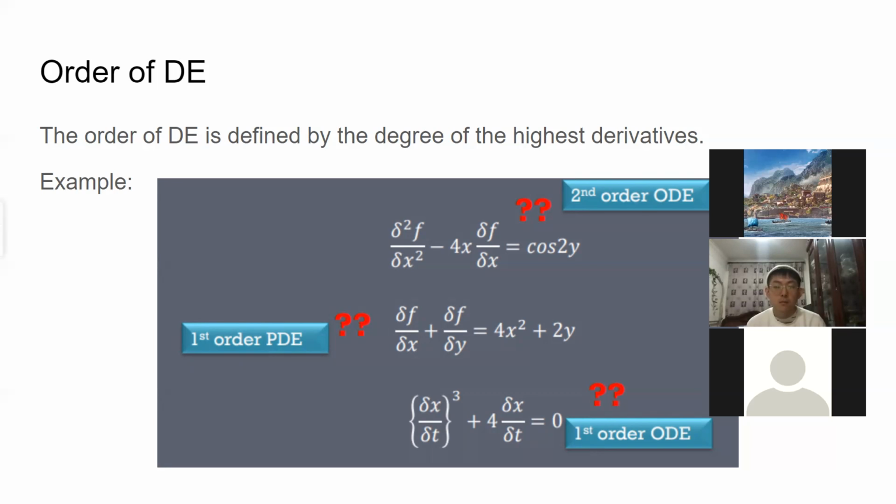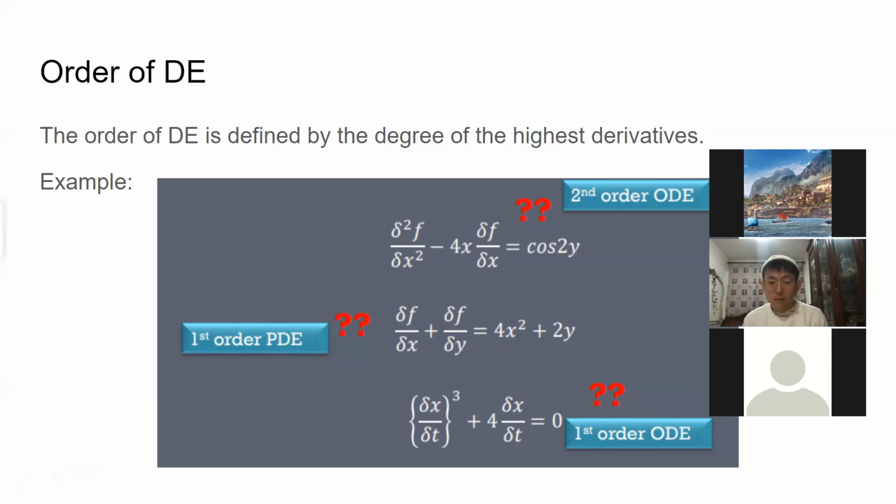For the second one, df over dx plus df over dy equal to 4x squared plus 2y. So this is a first order PDE because the highest order is 1. The x squared there is not included because it is not in the derivative.